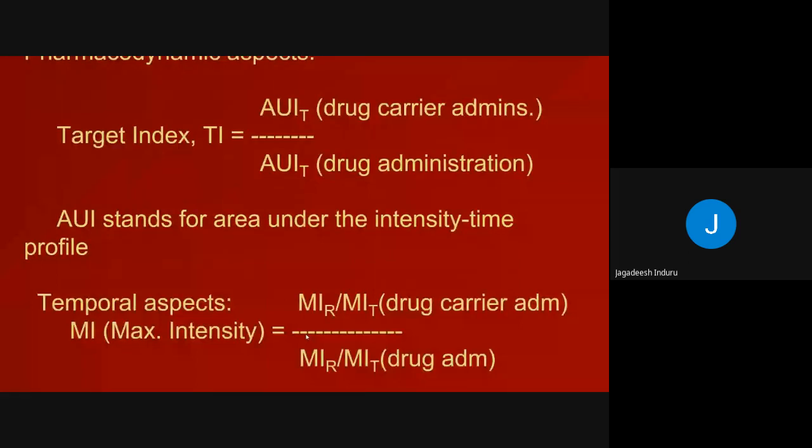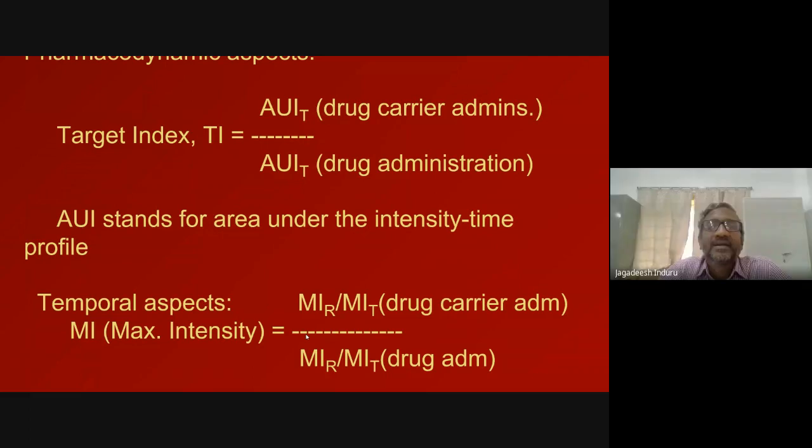In this particular case, we are seeing the area under the intensity-time profile. So in the AUI, the area under the intensity-time profile is larger in the target tissue with carrier administration, which is a targeting approach, when compared to the bottom, the area under the curve for the drug given without any carrier or targeting approach.